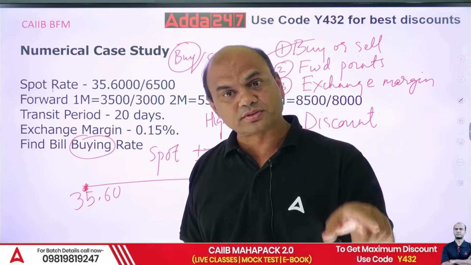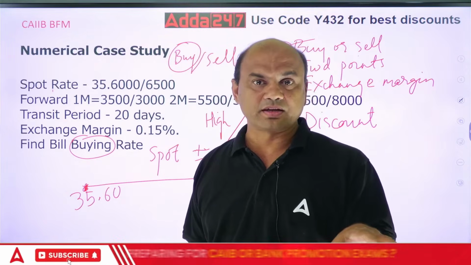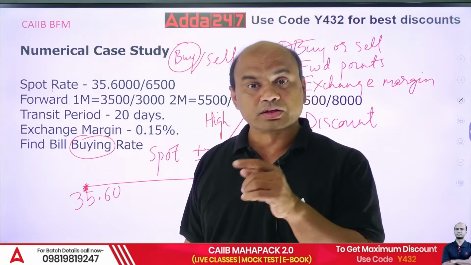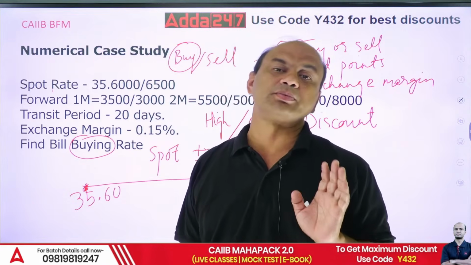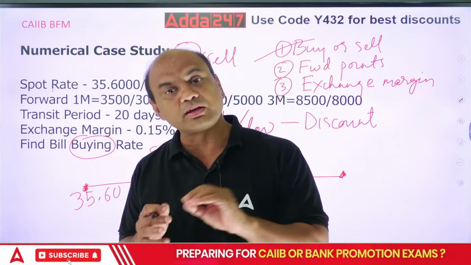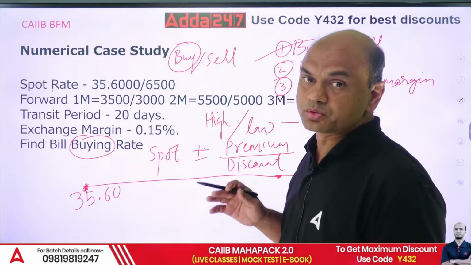The issuing bank receives it, takes 5 banking days for checking, and then replies whether it's paying or not paying. This whole period is known as the transit period. Transit period starts from the documents leaving our bank. Pay attention because this is very important for those who don't know.